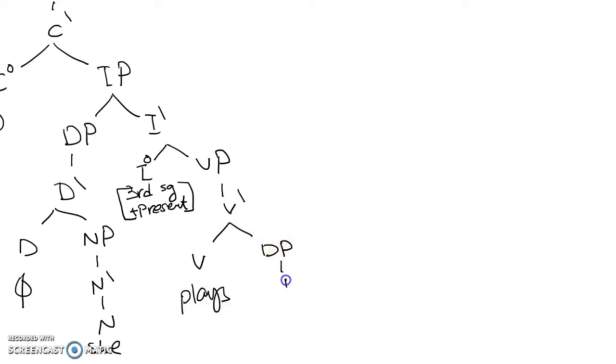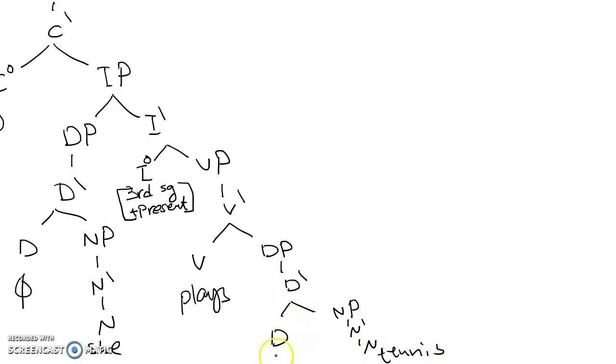So again, we have to say D bar, D, and NP. Then this NP consists of N bar, then N, then tennis. And here I have no determiner.